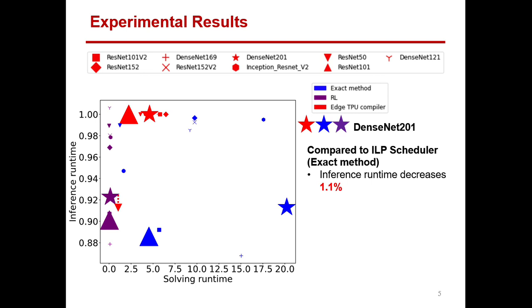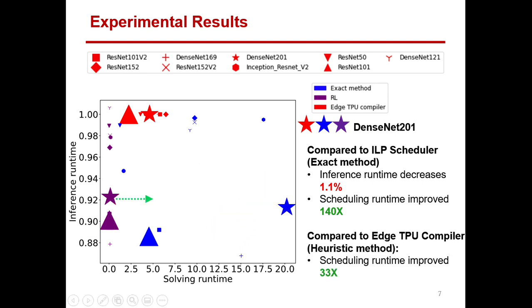Compared with the exact method, our work improves the scheduling runtime by 140% with only 1.1% inference runtime degradation. You can see it here. And compared with the heuristic method, we improve both the scheduling runtime and the inference runtime significantly.